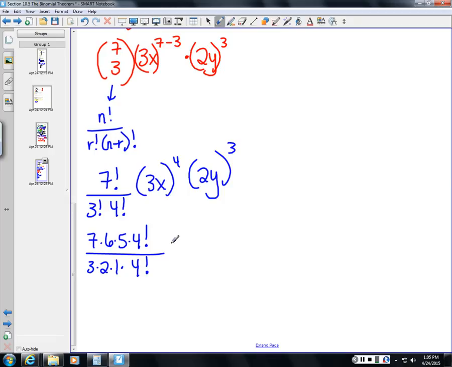Of course, we'll go ahead and do the rules of exponents here. 3 to the 4th power is 81, x to the 4th power. And then here this will be 8y cubed.